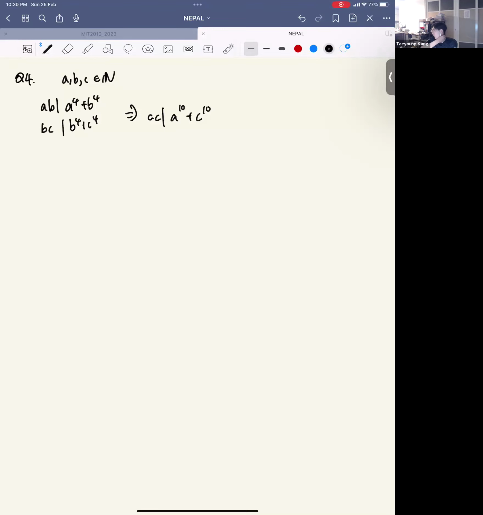So let the GCD of A, B, C equal X, for example.